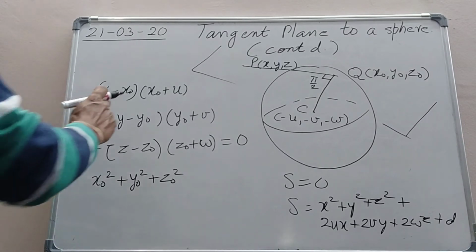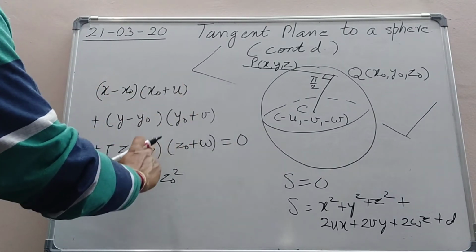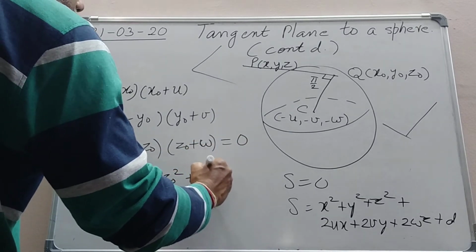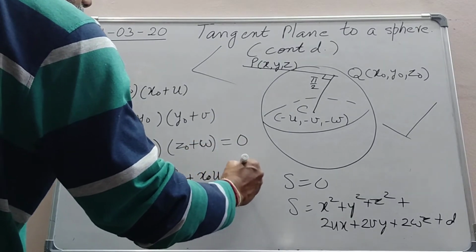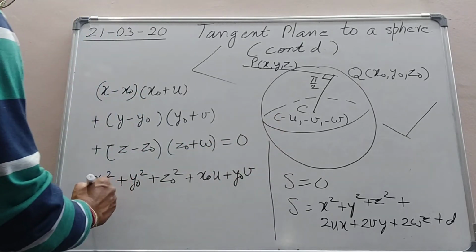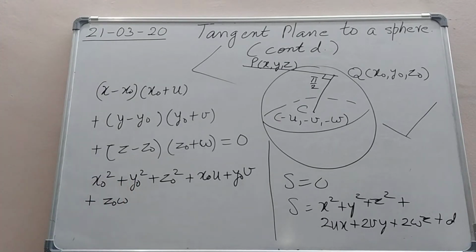And then you can look at minus x0 u minus y0 v minus z0 w, take it on the other side. All right.